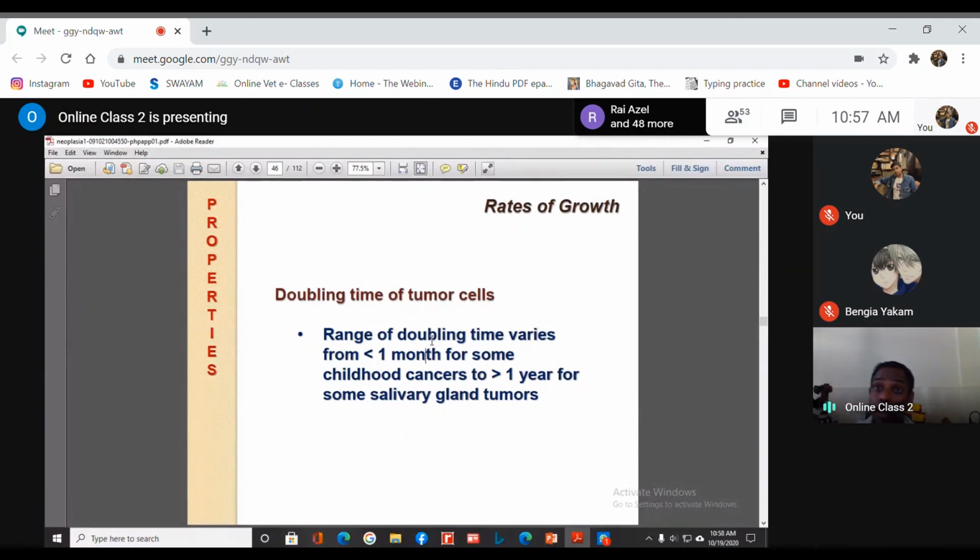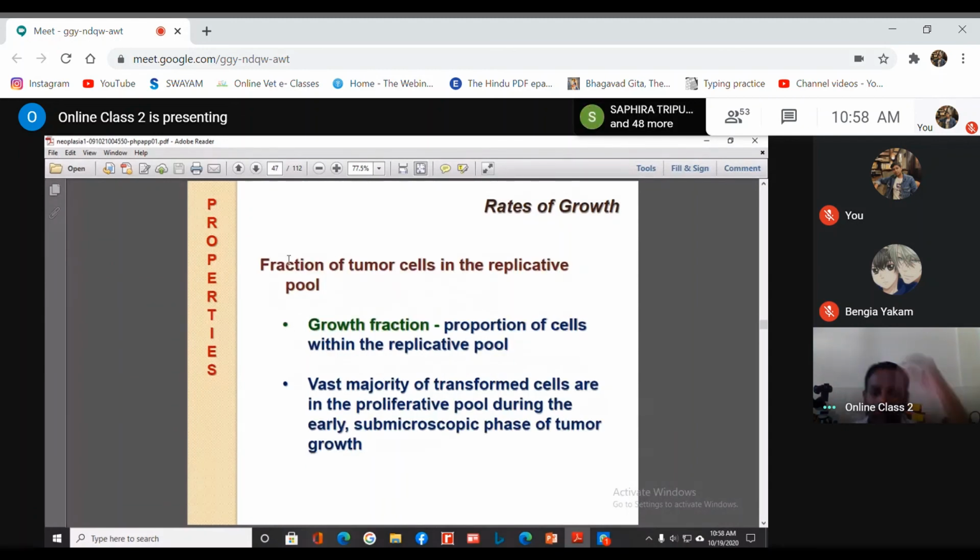So the number of cells multiplying at a given point of time is more, and that is basically responsible for the increase in the rate of growth. A malignant tumor grows faster because the number of cells multiplying at a given point of time is more. That is what you normally call the replicative pool, also referred to as growth fraction.